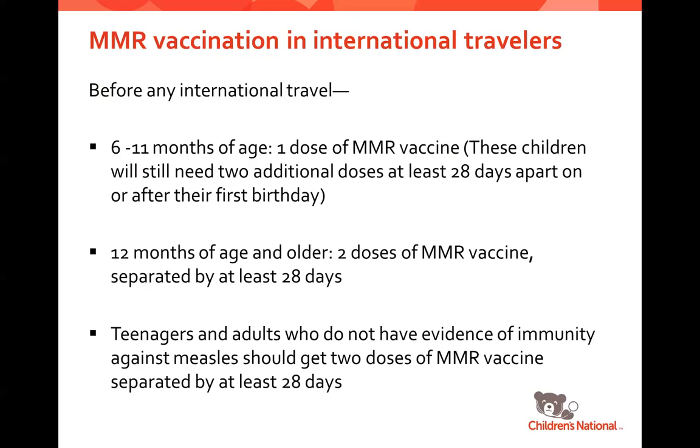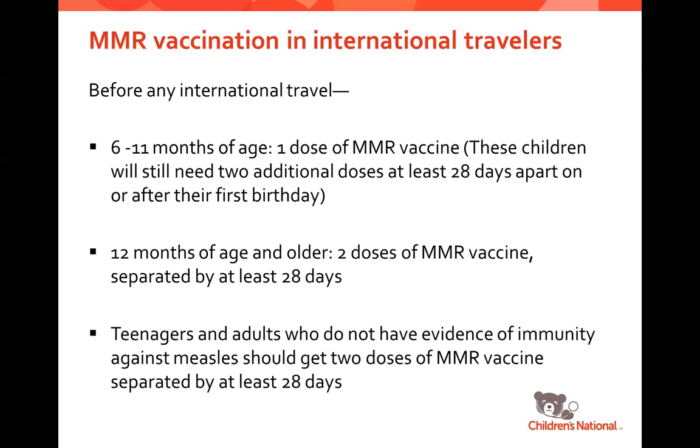Please remember that these children will still need 2 additional doses of vaccine at least 28 days apart on or after their first birthday. If that child who is going to be traveling internationally is 12 months of age or older, they should get 2 doses of MMR vaccine separated by at least 28 days if you've got that time period before travel.